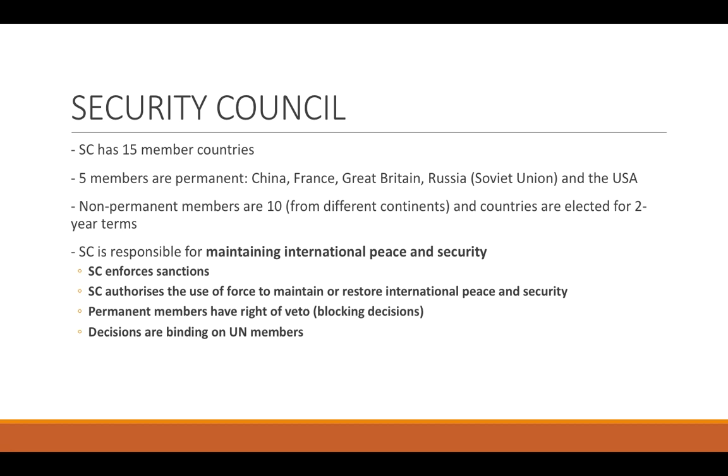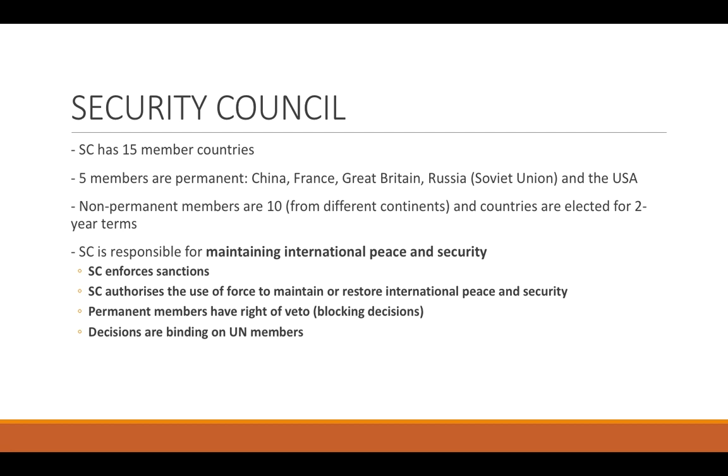As you can see, these permanent members are decided by the times. It is also called the Winners' Club. After the Second World War, which countries came as victors? Think about this. Also, pay attention to the fact that all 5 permanent members of the Security Council have nuclear weapons.